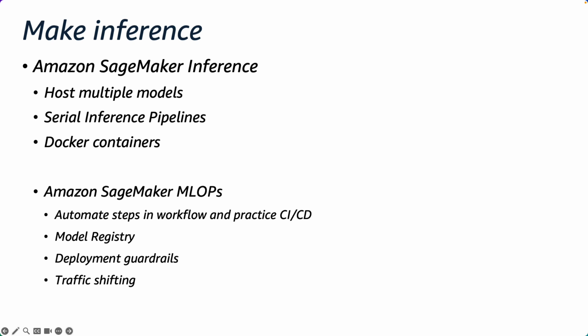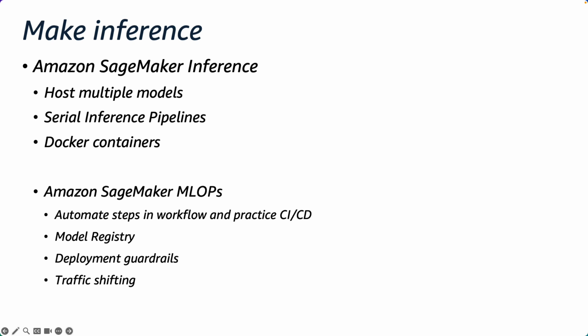If you have multiple models that use different frameworks and require their own containers, then you can host multiple models which use different containers behind one endpoint. With this option, you get many of the benefits of multi-model endpoints, and you can deploy a variety of frameworks and models too.